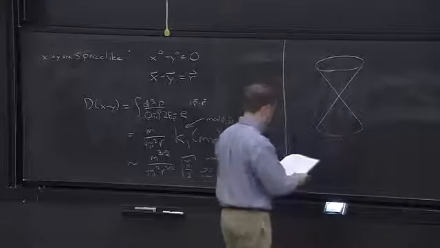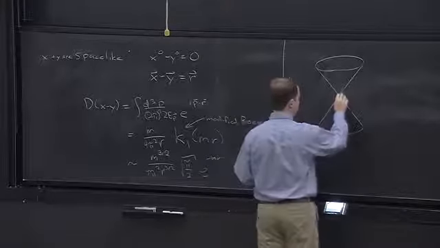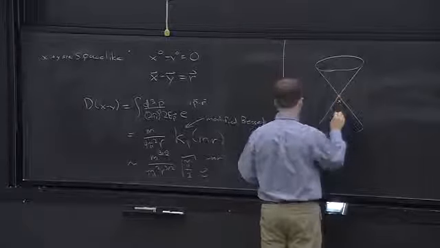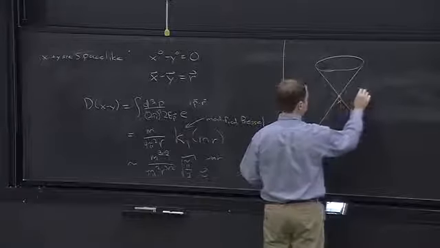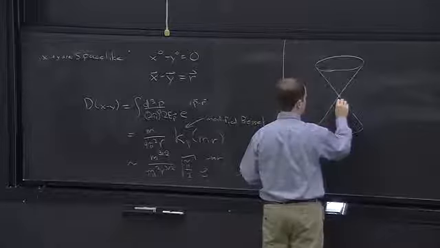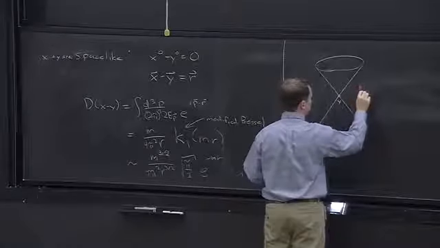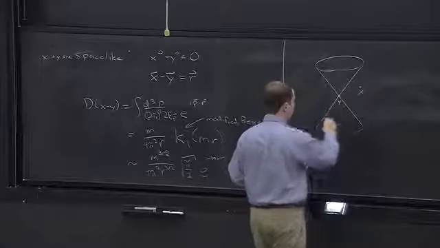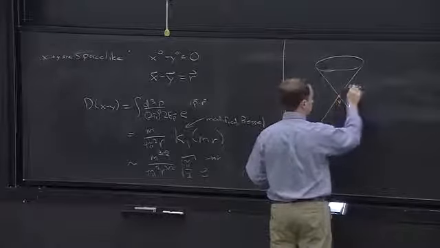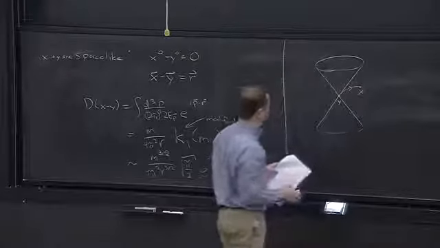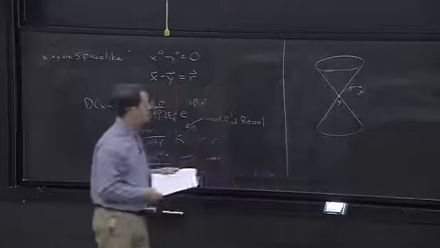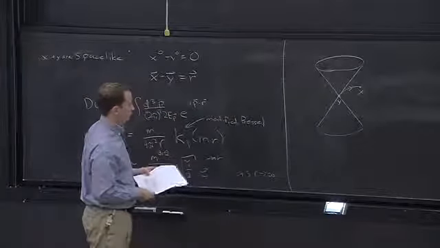So let's draw a picture of what's going on here. We've got some point y, some point x, that's space-like separated. And we've just found that there is a non-zero amplitude for a particle to propagate from y to x.